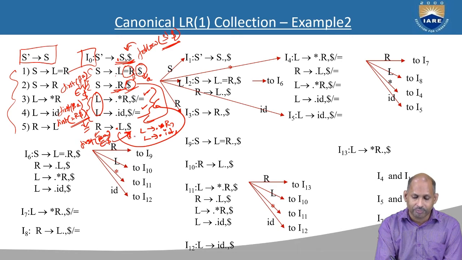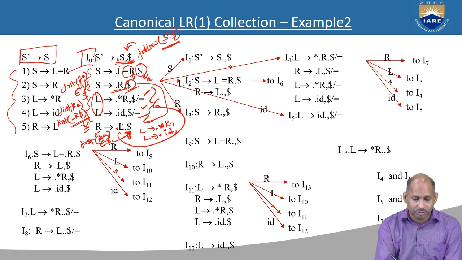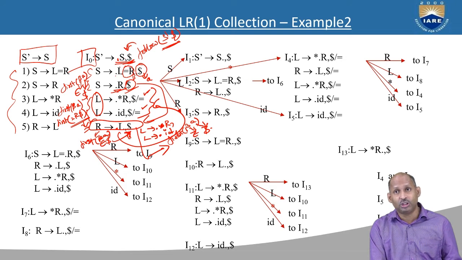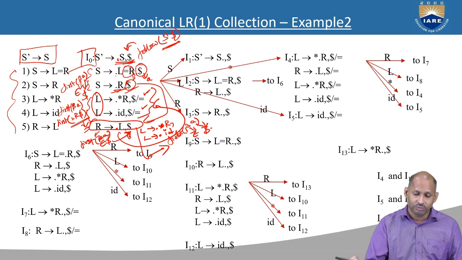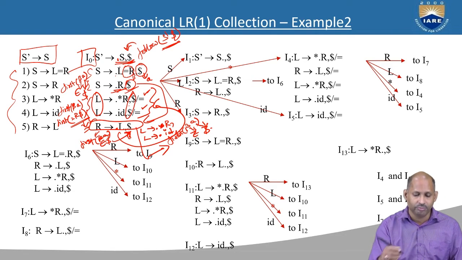First of beta A, where beta is epsilon, this will be the dollar from this production. From this production, first of beta A is epsilon and dollar. So that is the reason we added this dollar here.